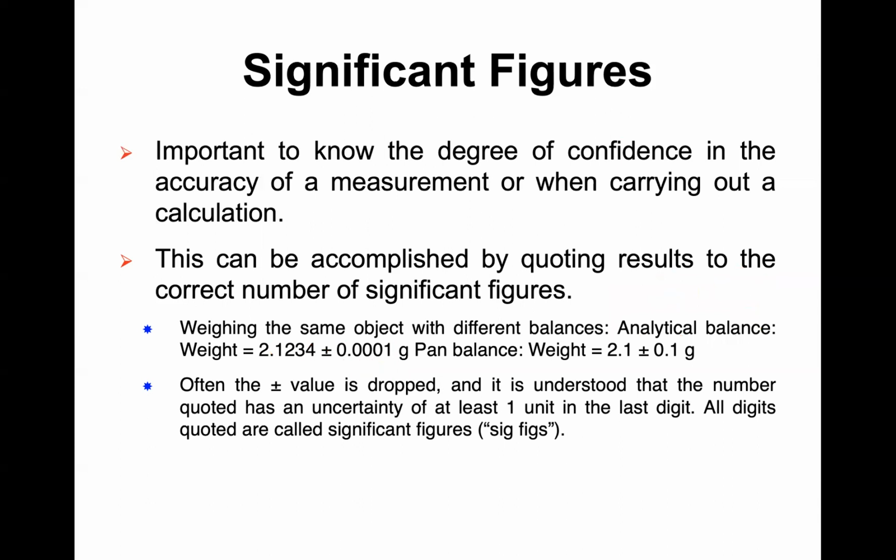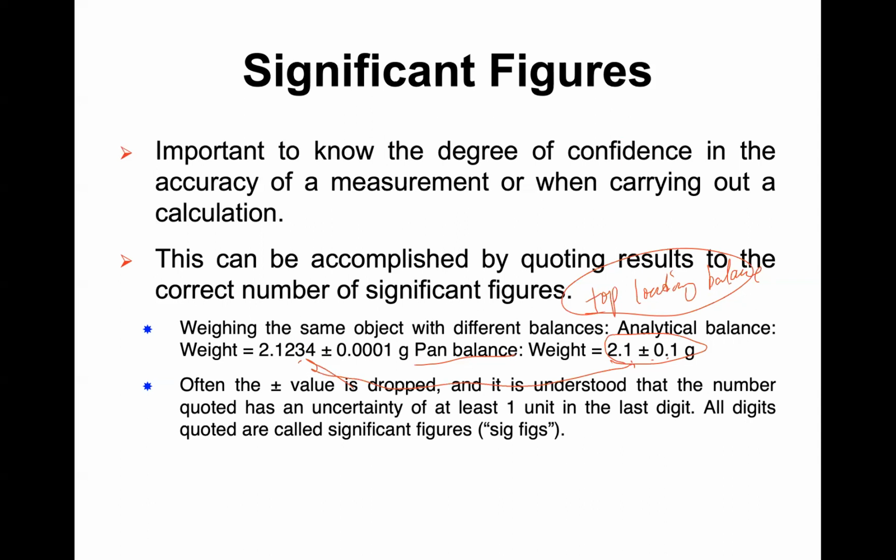A lot of balances we have are pan balances or top-loading balances. This type of balance will not give you that many significant digits, and often provides a reading like this one. So when you record, you can only record what is shown. Even with just these two numbers, you can see they have different significant figures and show different levels of accuracy.